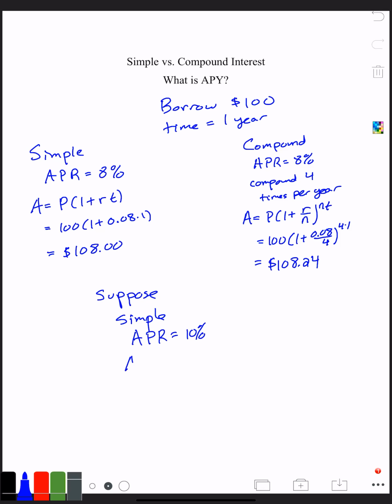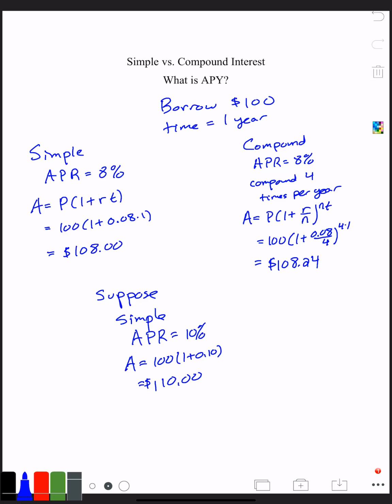Then if we use the formula again, we'd get $110 at the end of the year, which is more than what we had with both the simple 8% and the compound 8%. So the compound 8% is worth more than 8% simple, but not worth as much as 10% simple. We would like to figure out exactly how much it is worth comparatively.